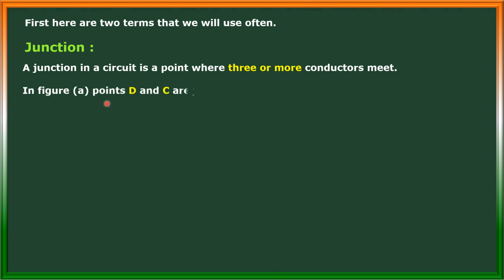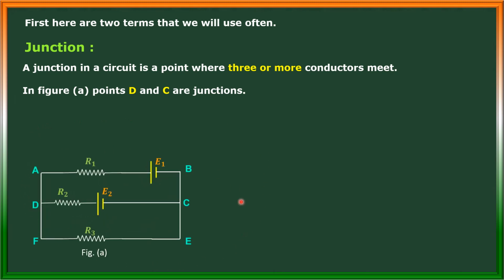In figure A, points D and C are junctions. Why? Because three conductors are meeting at those points. At point D, three conductors: 1, 2, 3. Here also 1, 2, 3.